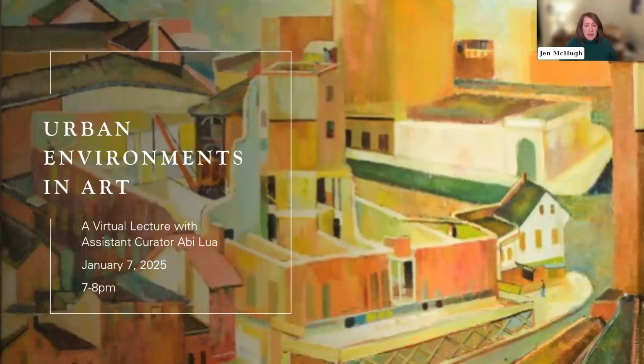She specializes in American and global craft and material culture, and her research has been supported by the Center for Material Culture Studies at the University of Delaware. Abby holds a BA in History of Art from Bryn Mawr College and a master's in American Material Culture from the Winterthur Museum and the University of Delaware.